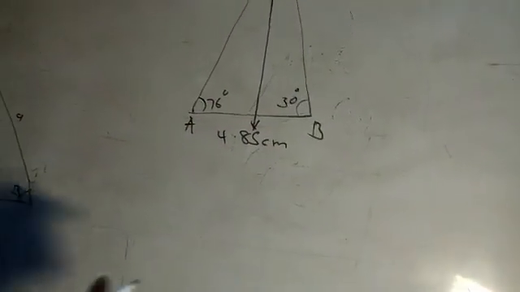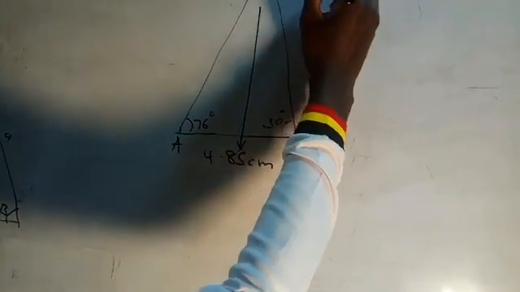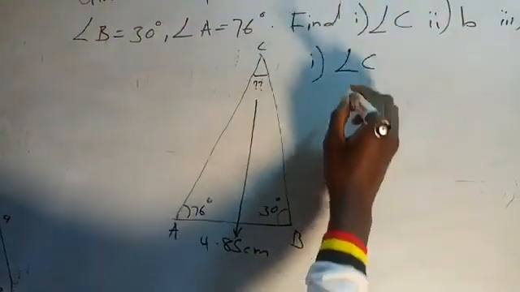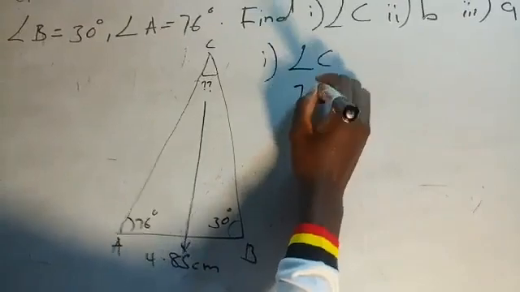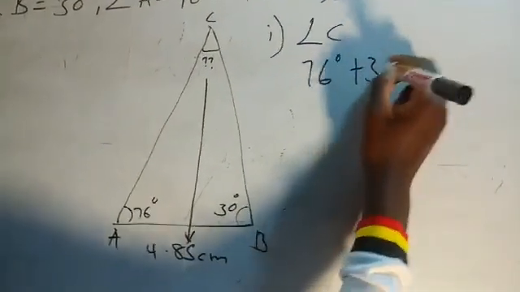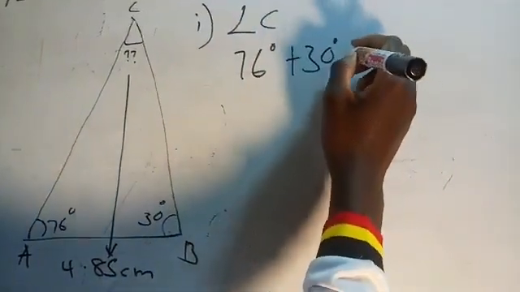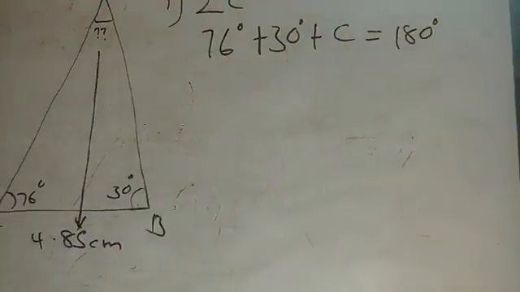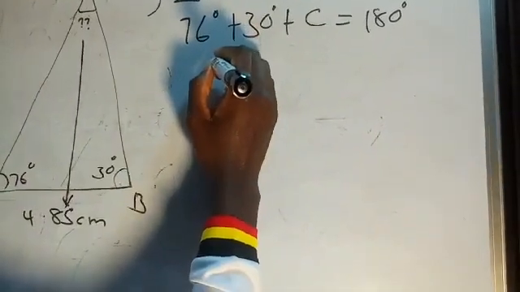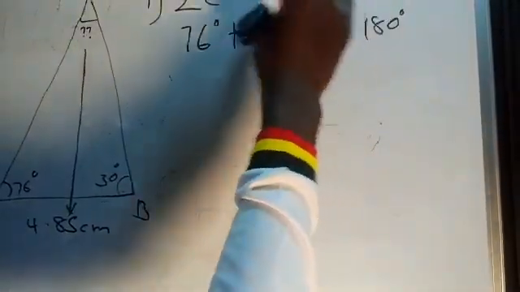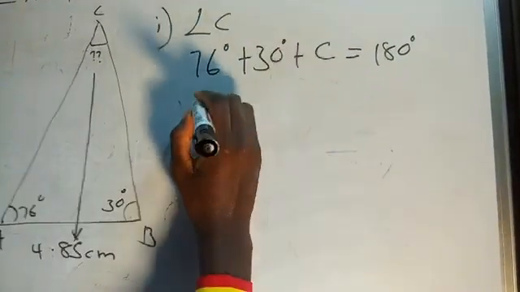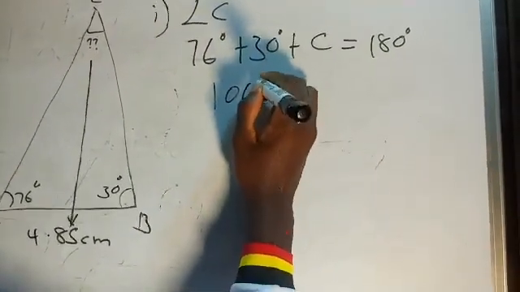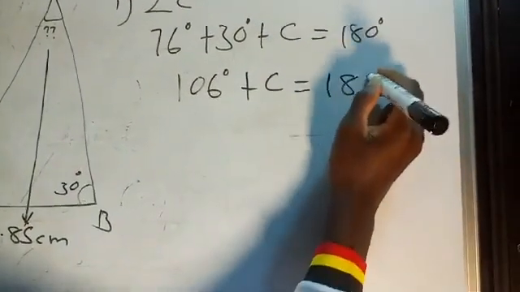The first question is to find angle C: 76 degrees plus 30 degrees plus C equals 180 degrees, becoming 106 degrees plus C equals 180 degrees.